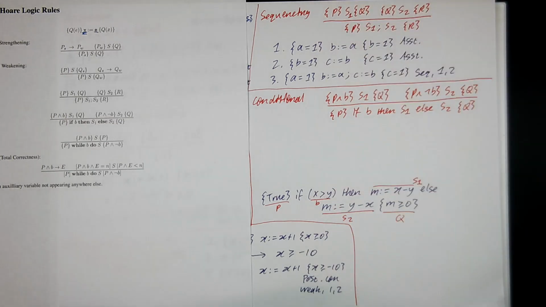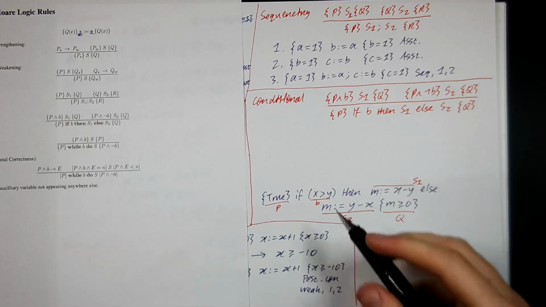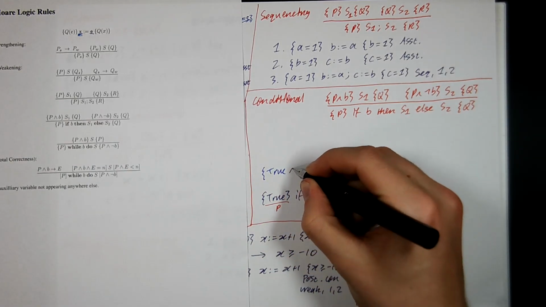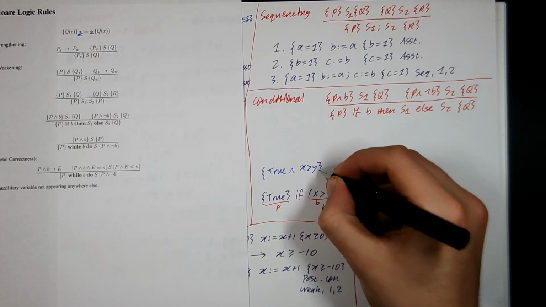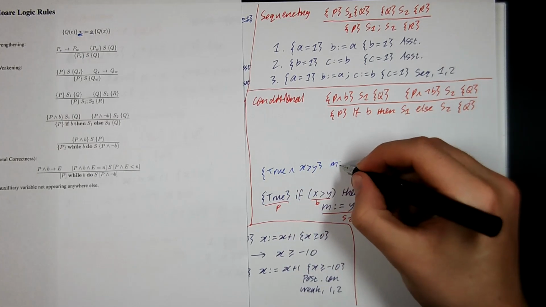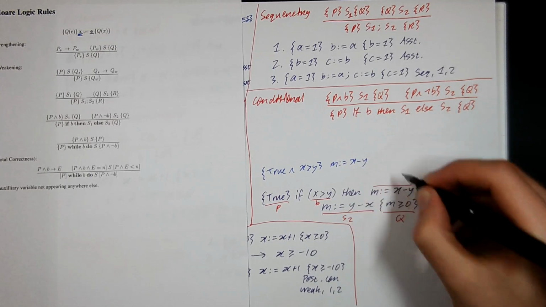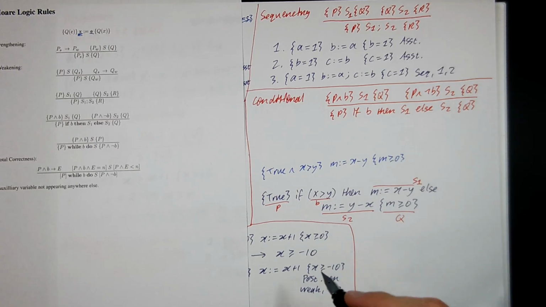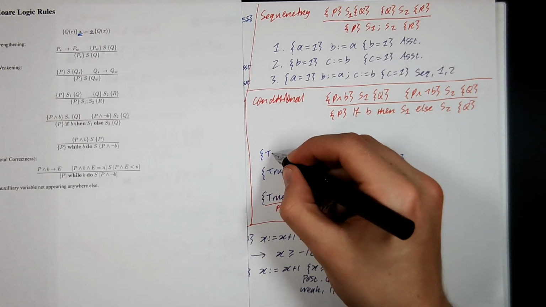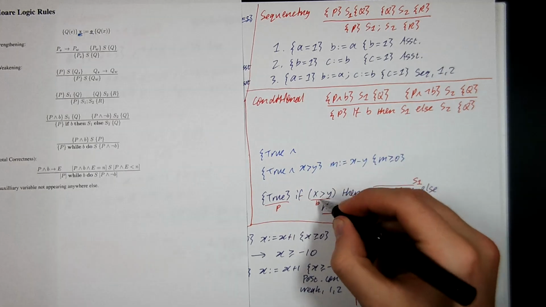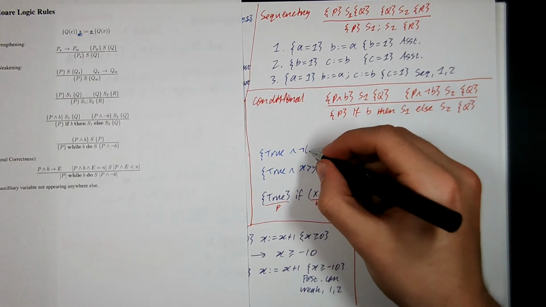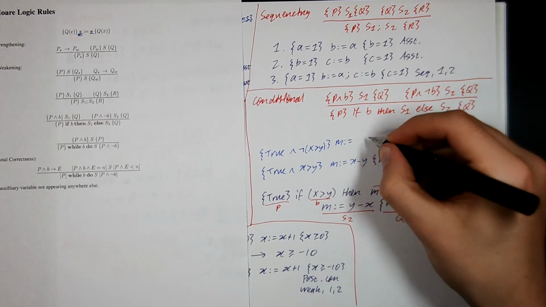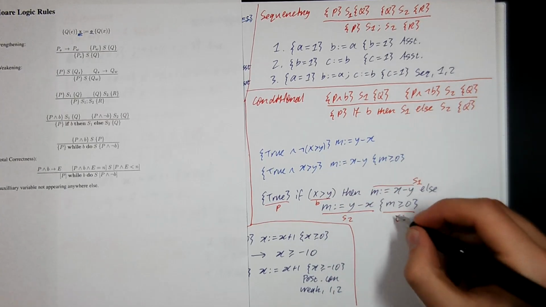Well, from the conditional rule, the first thing I have to prove is P and B, so true and x greater than y, the first bit of code, m is assigned to be x take y, and the postcondition, m is greater than or equal to 0. What's the second thing I have to prove? I have to prove true and it's false to say x is greater than y, the second bit of code, m is assigned to be y take x, and then the same postcondition.